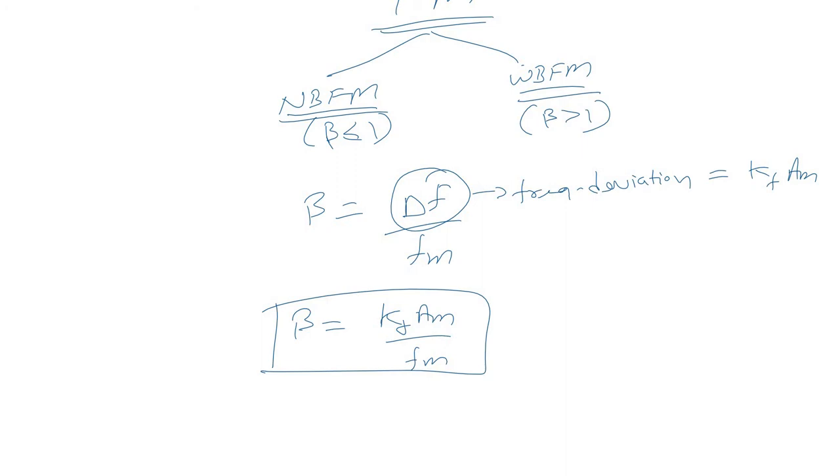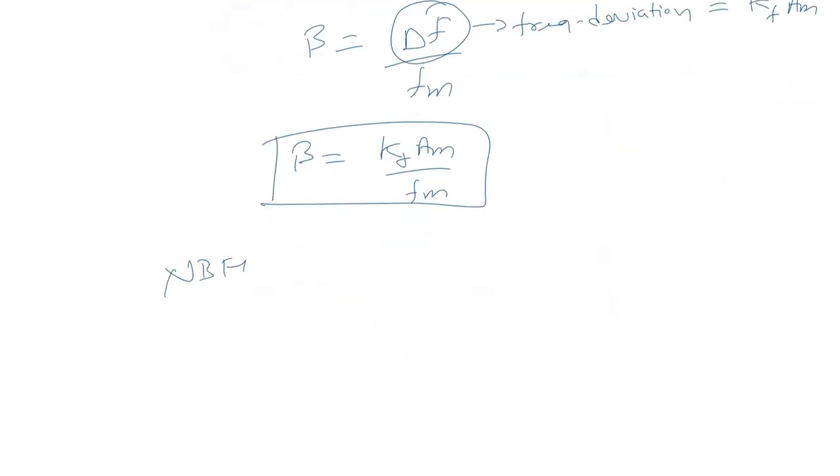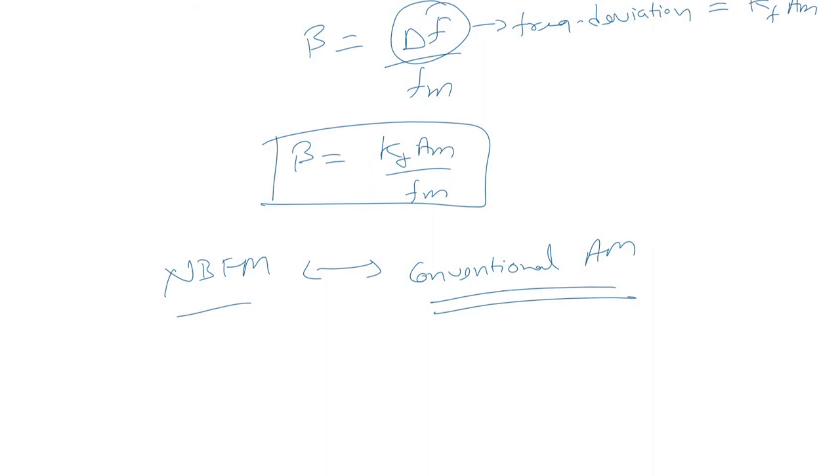In the previous lecture we discussed the narrowband FM signal in detail, and we also saw the generation of narrowband FM. One interesting conclusion we derived was that the narrowband FM signal is quite similar to the conventional AM signal. The only difference is that one of the sidebands, the lower sideband, is inverted, having opposite polarity compared to the conventional AM signal.